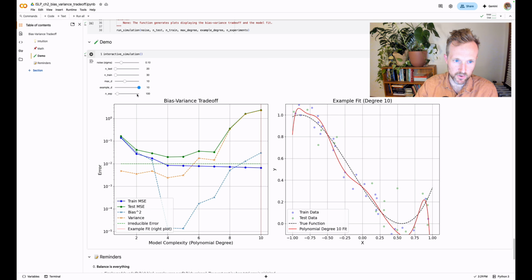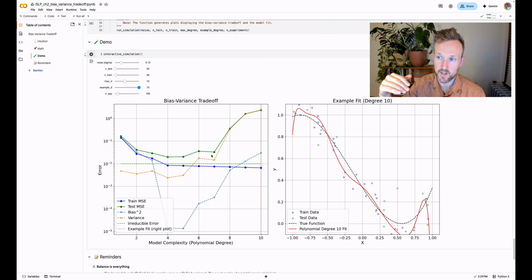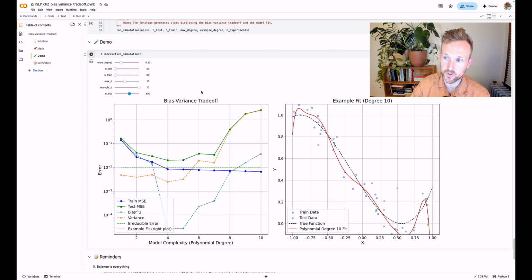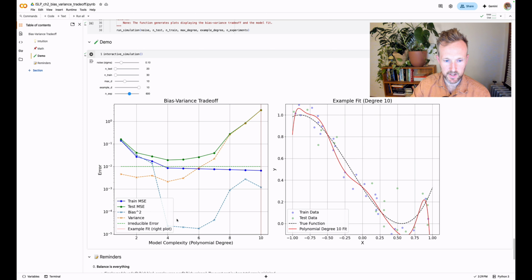the simulation, right? So I'm only running 100 different experiments to average over to calculate these bias and variances. So if I actually changed this to 600 different experiments, we should expect that this line sort of starts to drop. Now it's recalculating. So yeah, you can see this start to flatten, right?